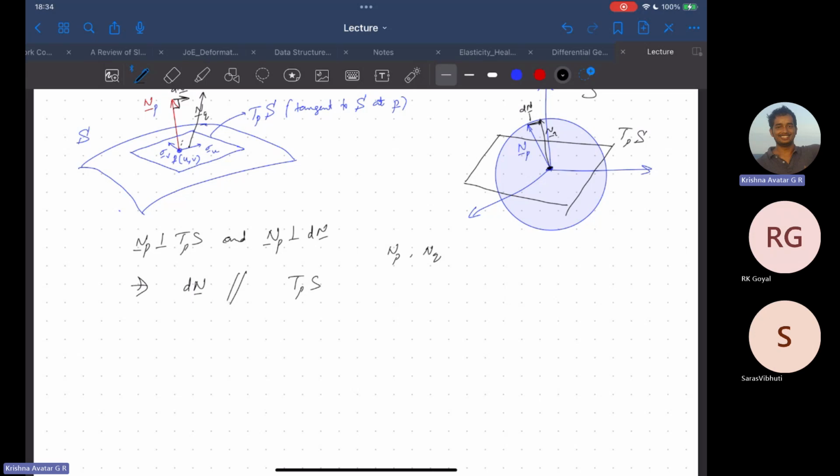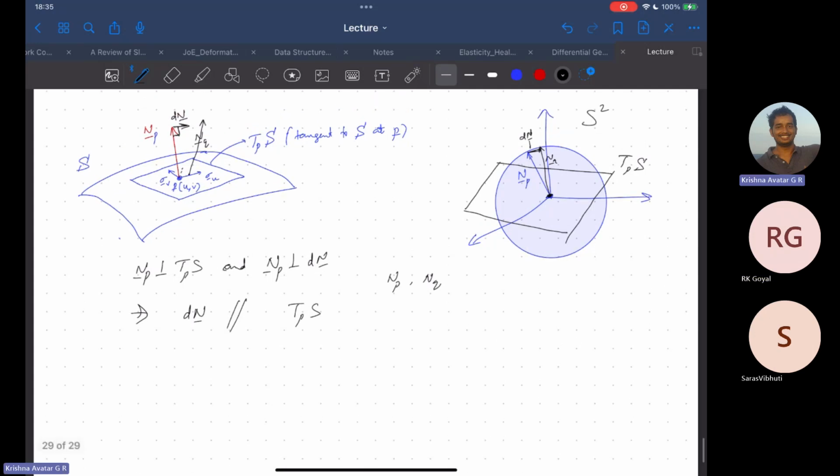We are only looking in the neighborhood of some normal vector, and we only want to understand how the differential of n looks. So the differential of n is parallel to TpS. That's what we mean here.